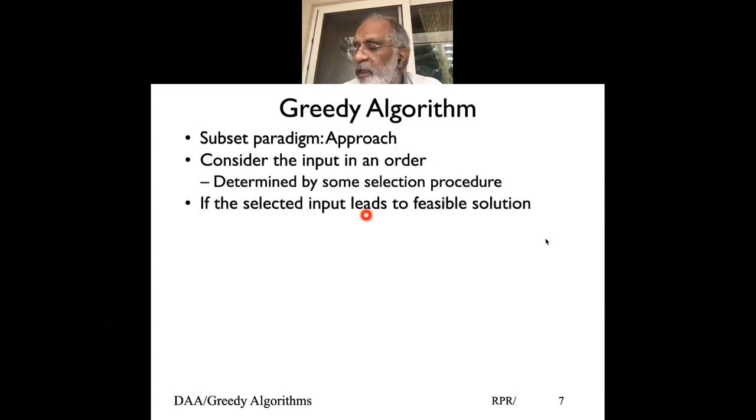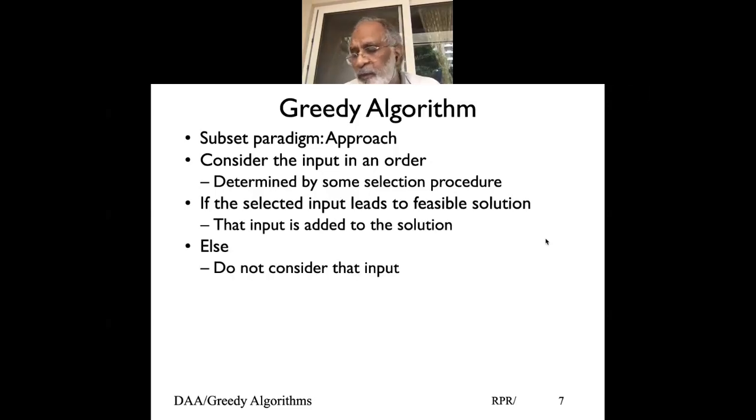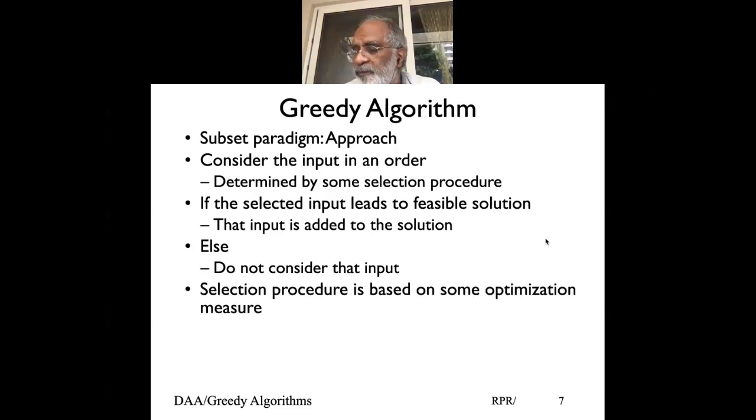If that selected input leads to a feasible solution, we take that input and proceed to the next, and keep repeating. Else we reject that input, pick up the next input, and continue. What we select depends upon the optimization measure.